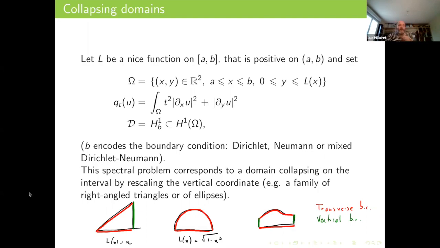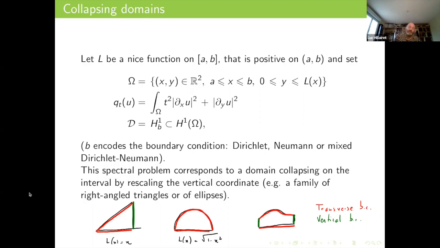And so now you can encode different boundary conditions. I've drawn at the bottom three different kinds of domains. The first one is the family of triangles as before. The second one is the family of ellipses, and the third one is where L is positive also at A and B. And so on this, you see that there are two kinds of boundary conditions.